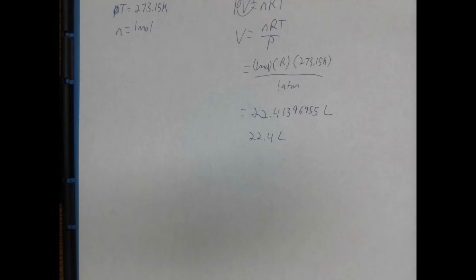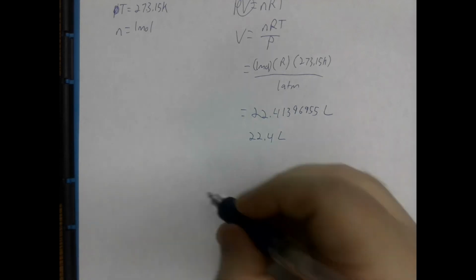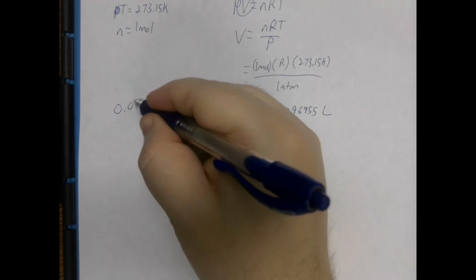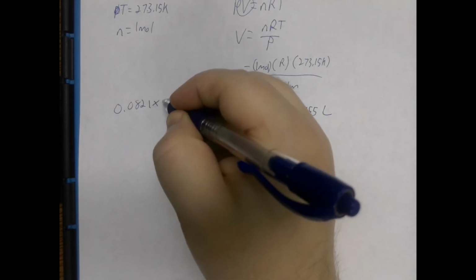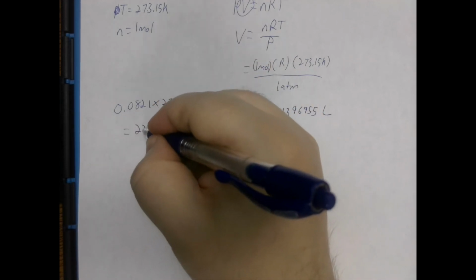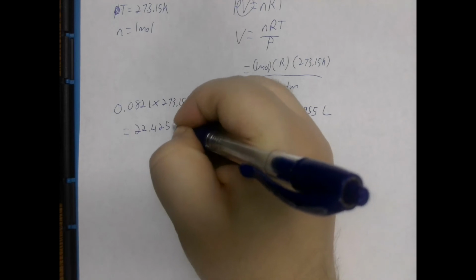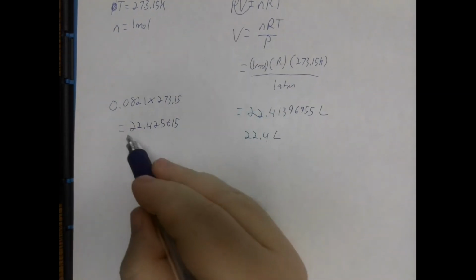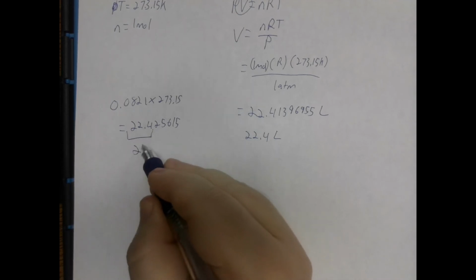so 0.0821 times 273.15, so right here. If I use 0.0821 and I times it by 273.15, I get a value of 22.425615. It's still accurate to 3 significant figures.